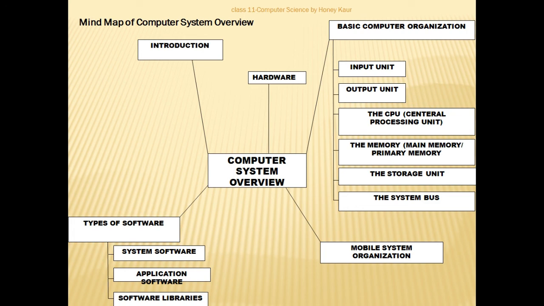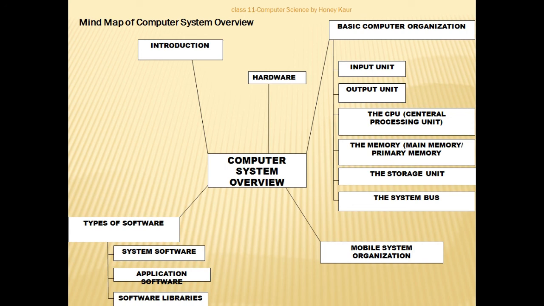The fourth unit that we covered today, the memory, which is also known as the main memory or the primary memory, and the storage unit, that is the secondary memory, having a variety of storage devices like hard disk, CD, DVD, pen drive or flash memory, and Blu-ray disc. After that, the system bus that connects all these functional components of the computer.